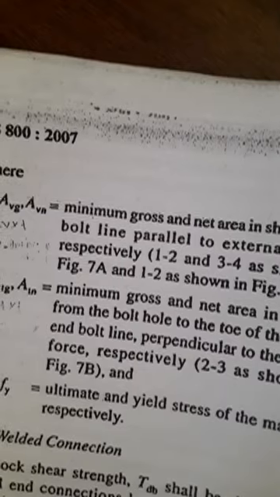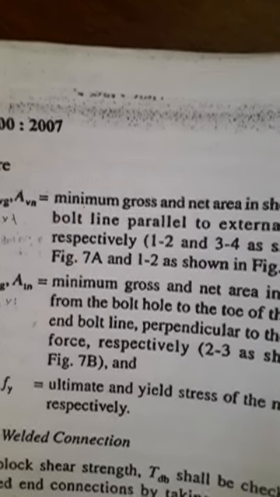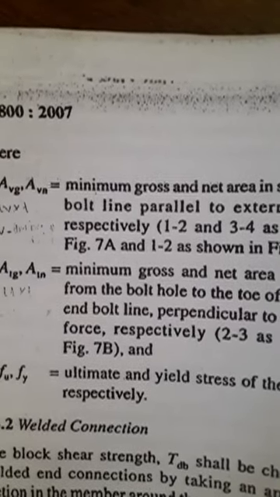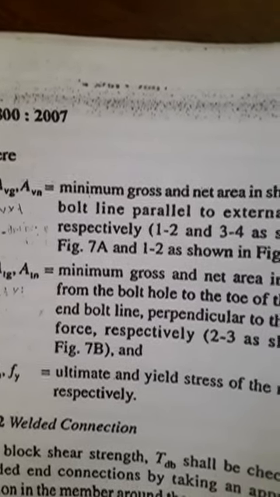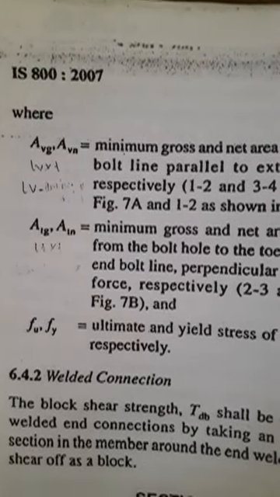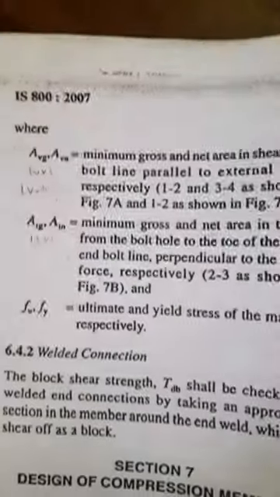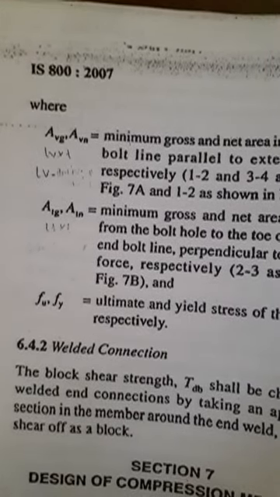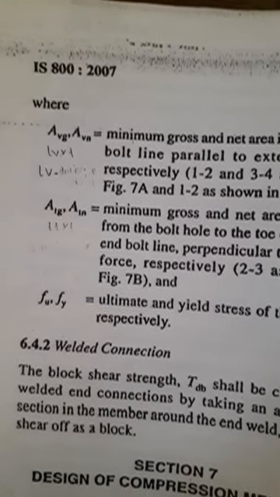If you go to page 34, look here how it defines AVG and AVN. G indicates gross, N indicates net. AVG is minimum gross area and AVN is net area. Similarly, ATG and ATN. Again, G indicates gross, N indicates net, T indicates tension and V indicates shear.